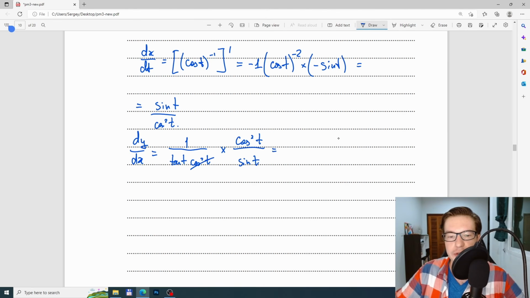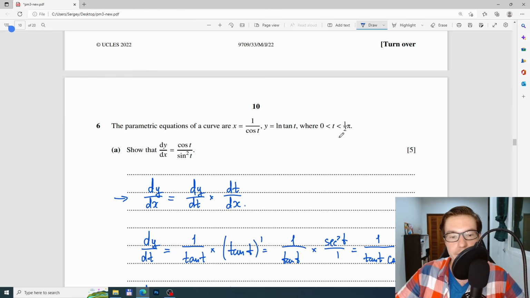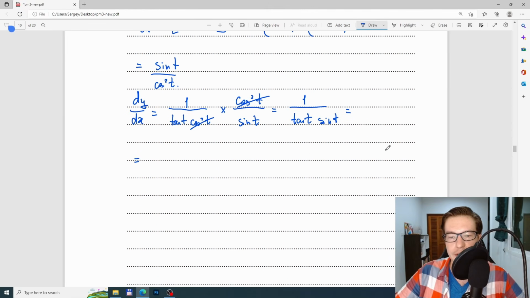Now cosine squared and cosine squared will cancel out, and I've got 1 over tangent t times sine t. But that's not quite what the question is asking for. We shouldn't have tangent. So I'll replace tangent with sine over cosine.